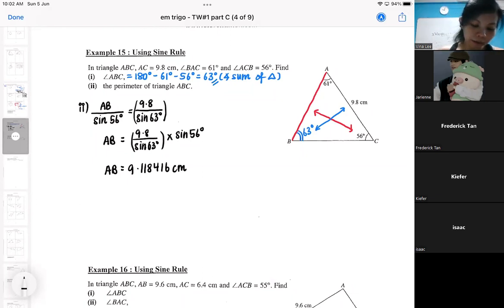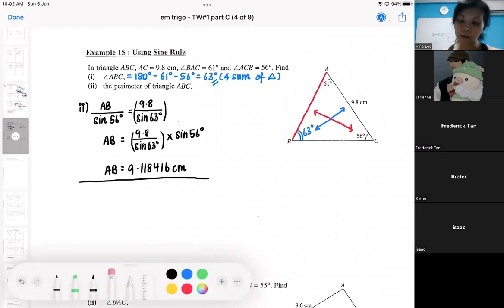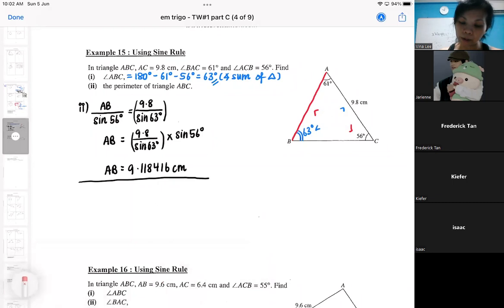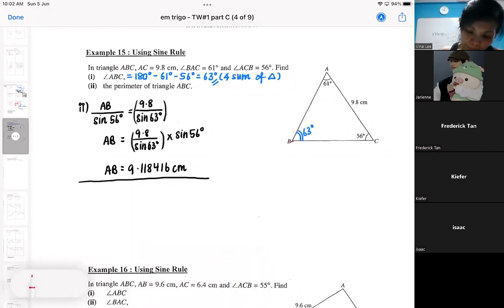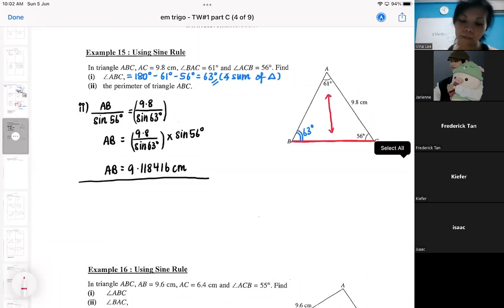After this, I do the same thing all over again to find BC. I wanted to find BC, and it's directly opposite 61. The 63 is still opposite 9.8.